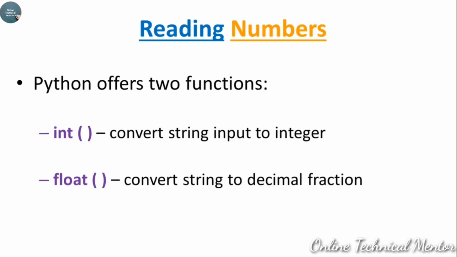Now, reading numbers. String values cannot be used for arithmetic or other numeric operations. Whatever values you are taking through input functions are all treated as string or text. So when you are giving 23 as an input, 23 will not be considered a number. 2 will be considered a separate character and 3 a separate character.